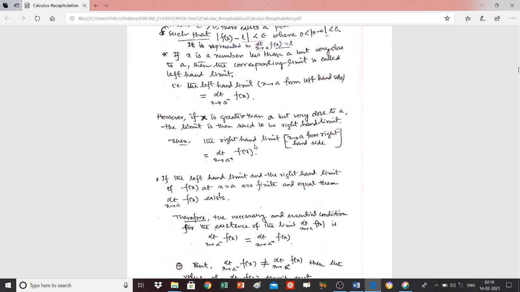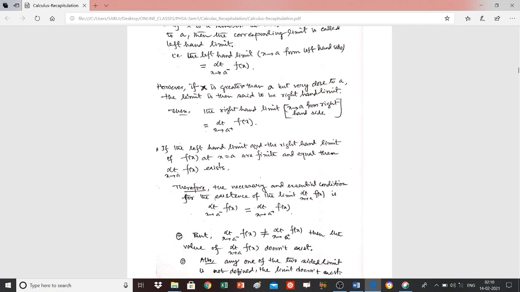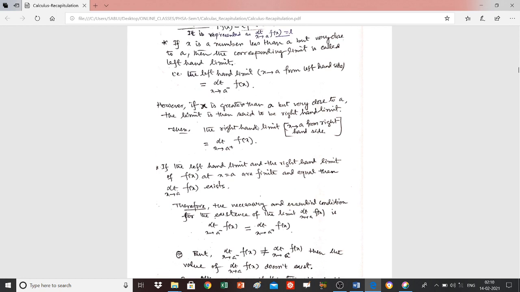Similarly, if x has a value which is just greater than a but very close to it, then the limit is said to be a right hand limit, and it can be represented by limit x tends to a plus of f(x). For a given function to have a limit, the left hand limit and the right hand limit both must exist and be equal.